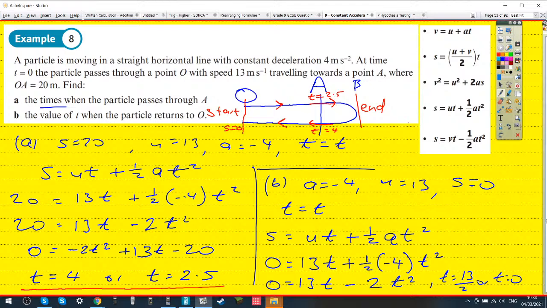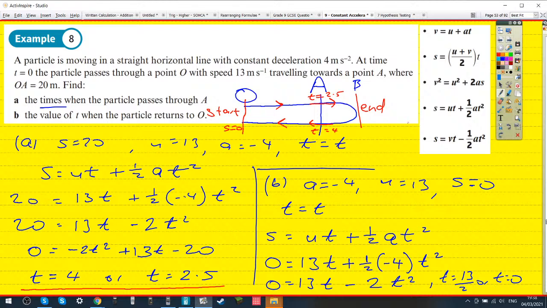Wouldn't it just be like you could just sub the things back into the equation and work out the distance? What things back into the equation? Like t equals 12 or 13 over 2 or t equals 0 into a different equation that gives you distance, which is s.